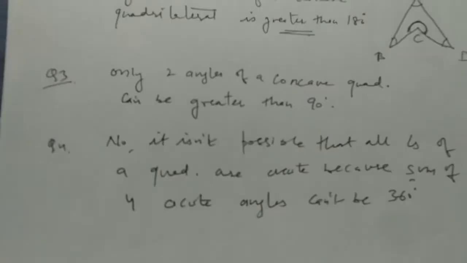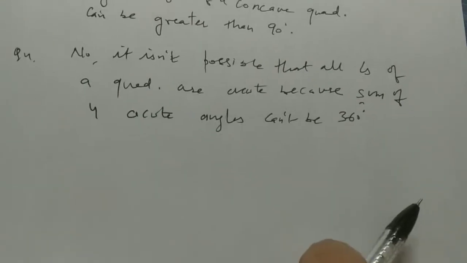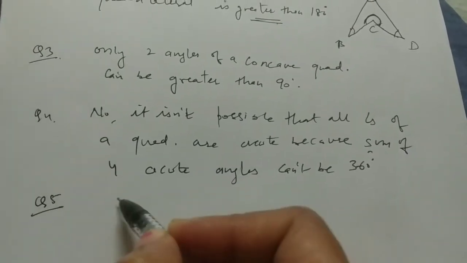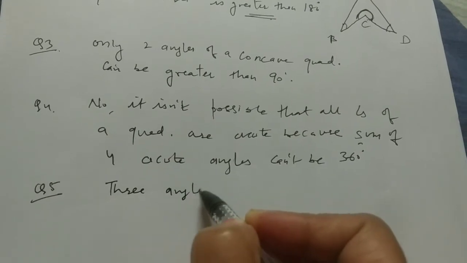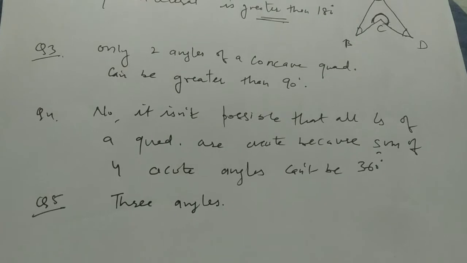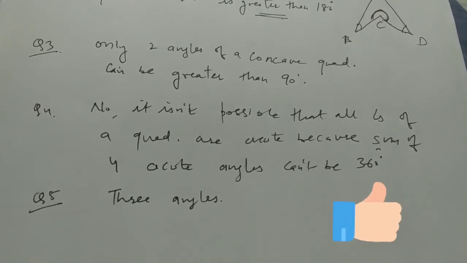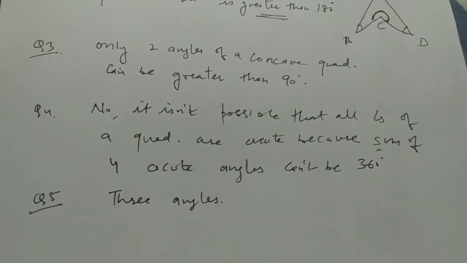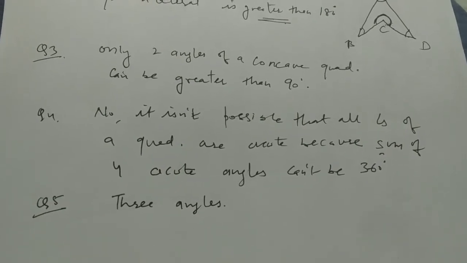So the maximum number of angles that can be obtuse is 3. Here no reason has been asked, so we would write 3 angles. So maximum number of angles in a quadrilateral that can be obtuse is 3.